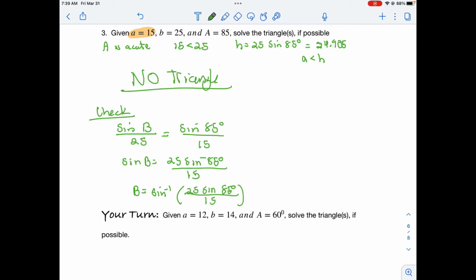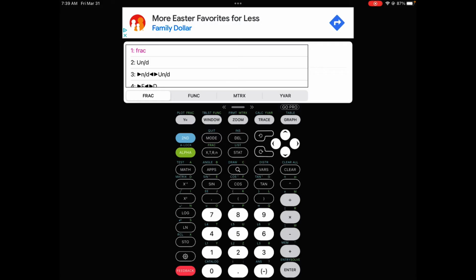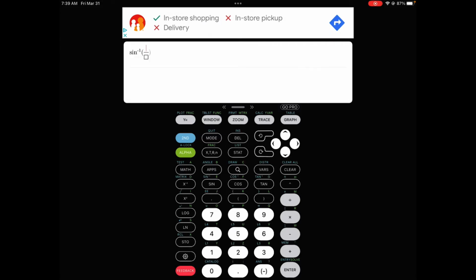I punch this in my calculator. So let's do that. Make sure you're in degree mode. Okay, so let's find the inverse sine, so arc sine, of the fraction 25 times sine of 85 degrees divided by 15. Let's see what happens in our calculator when we push enter.